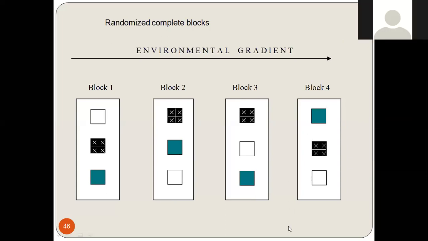All right. So this is the correct way of doing blocking. For example, within the block, how many treatments are there? You see, within the block, 3 treatments. They are also randomly allocated. You see, here treatment black color, green color, and the white color. So randomly allocated.